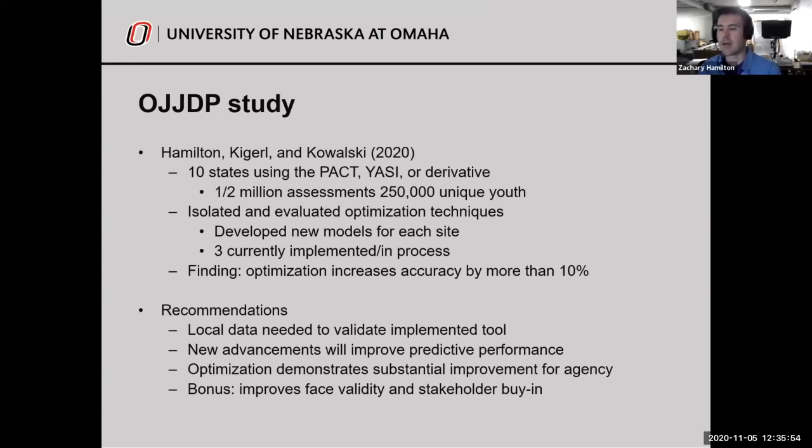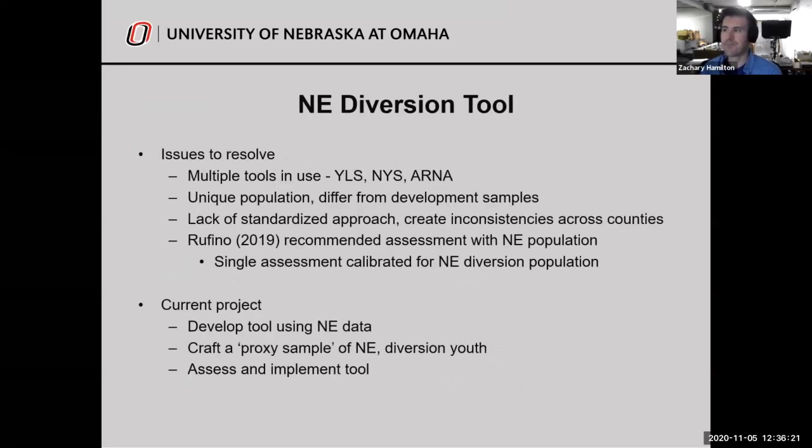You're collecting the data that eventually updates and changes how that risk assessment is applied and some of the items and the weights that are within it. And what we found is that ultimately that has an improvement on stakeholder buy-in, because it's not taking that tool that's based in Canada or Ohio and trying to fit a square peg in a round hole. You're actually reshaping the pegs so that they work better for your localized data.